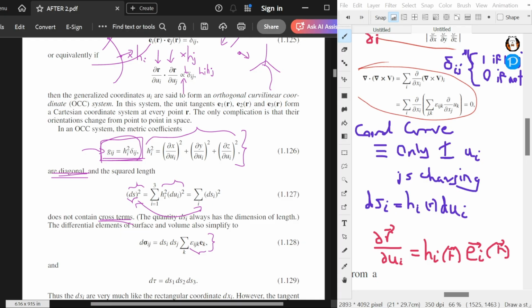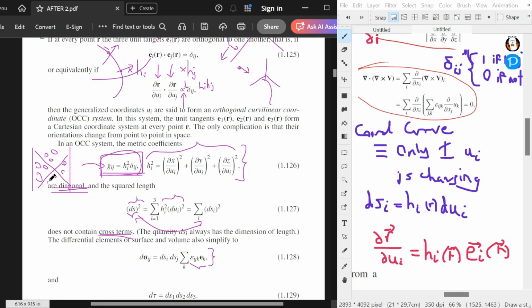A diagonal metric means that the off-diagonal components of the tensor are zero. So you have a matrix, and the stuff that is not in the diagonal is zero. This is how I read this. Good to know, I guess.